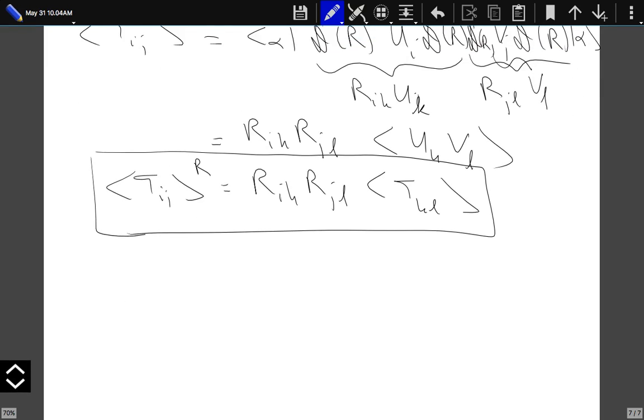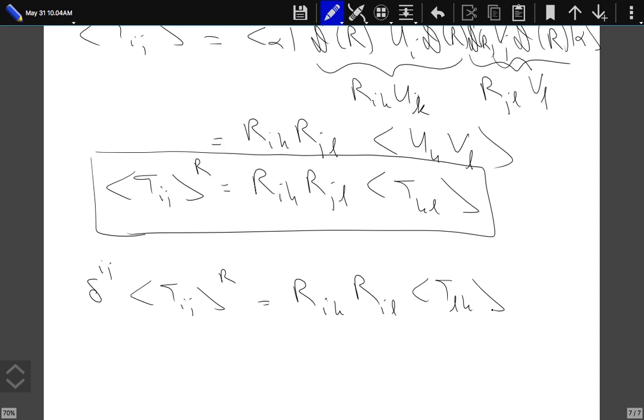Now let me look at a couple of things. Let me just multiply both sides by Kronecker delta ij. Well, the left-hand side just becomes Ui Vi under rotations.